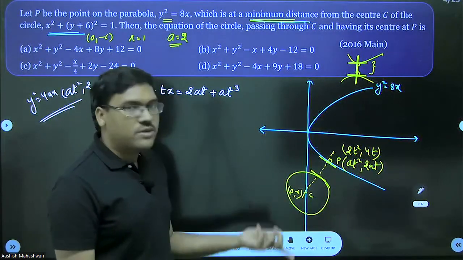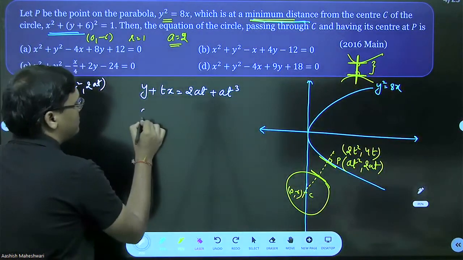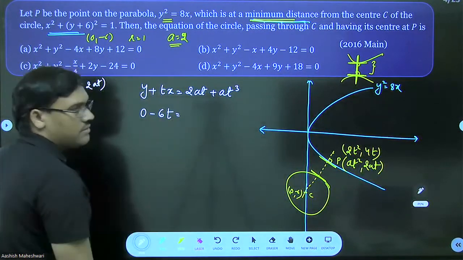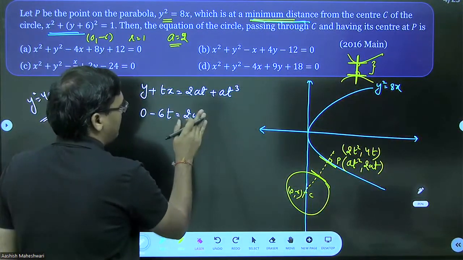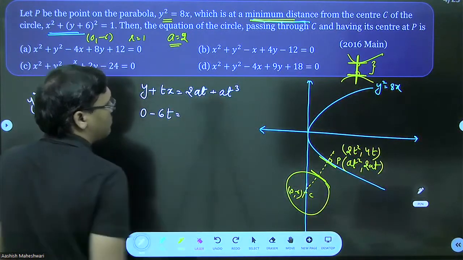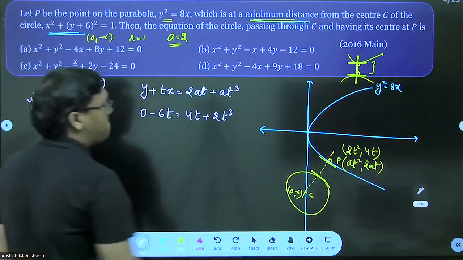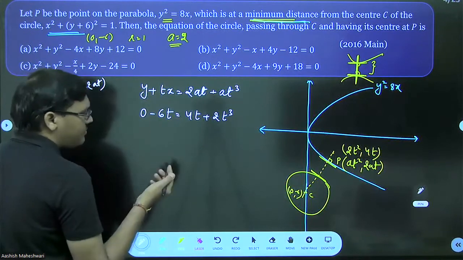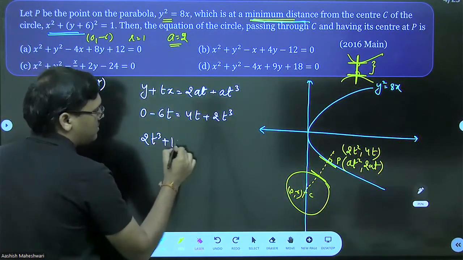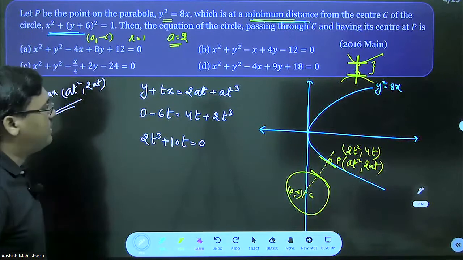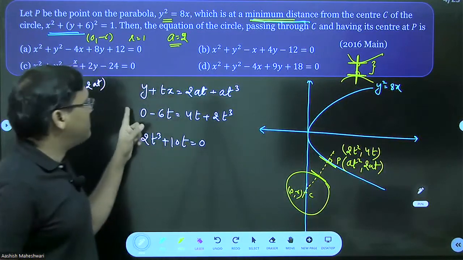Now this normal is passing through which point? 0 comma minus 6. So 0 comma minus 6 will satisfy this equation. What is the value of a? A is 2.